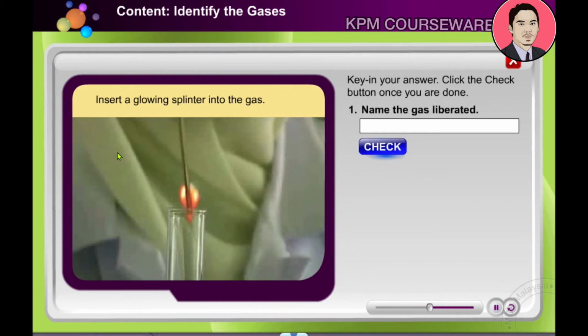Now, answer these questions. Key in your answer, then click the check button to check your answer. Name the gas liberated when potassium chlorate(V) is heated. Sorry, try again.